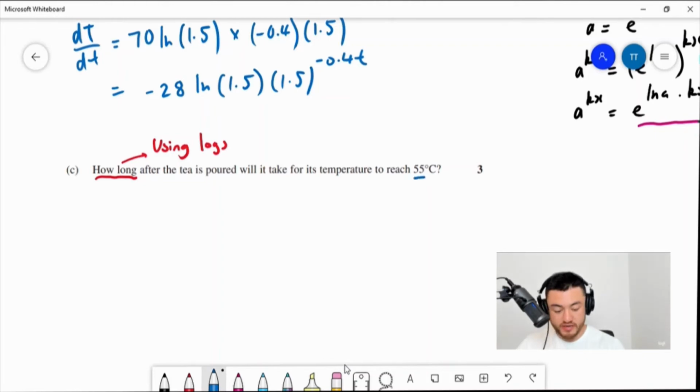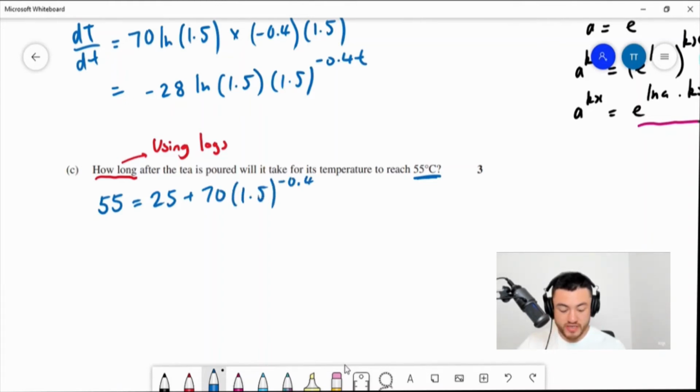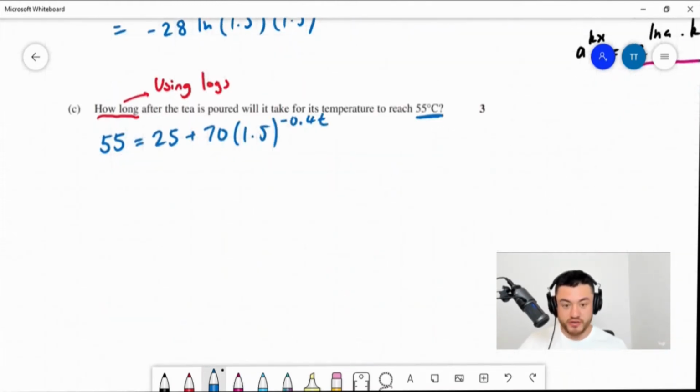Okay, so what we have here is that we're given the condition for capital T as 55 degrees. So we are told that 55 is equal to, and again we write the formula, 25 plus 70 times 1.5 to the power of negative 0.4t. And what this question is asking us to do is to rearrange this equation for little t. And again, the hint is we're going to need to take logs of both sides of our equation in order to get the time variable out of the exponent.